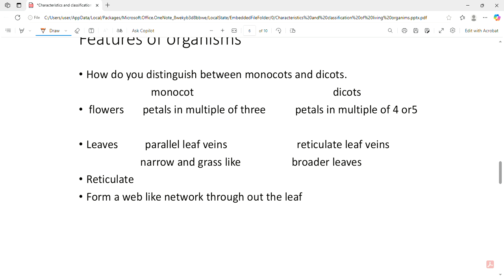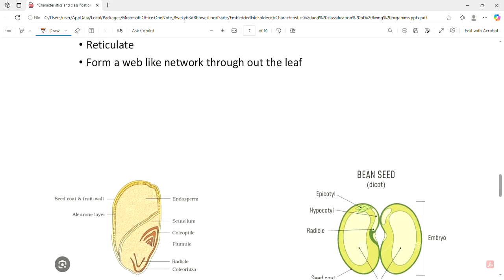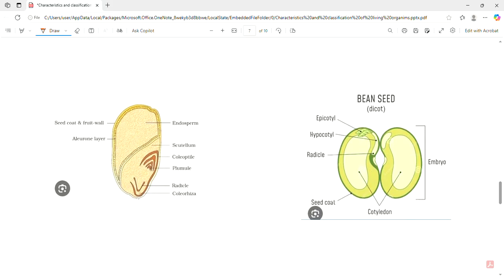How do you distinguish between monocot and dicot? Here I will show you the pictures. Okay. This is monocot and this is dicot. This is the bean seed. As I already told you, there are two cotyledons and the monocot has only one cotyledon.